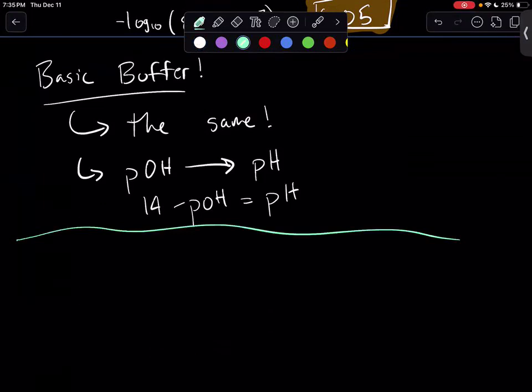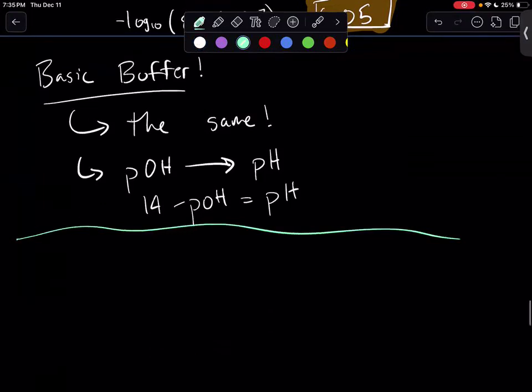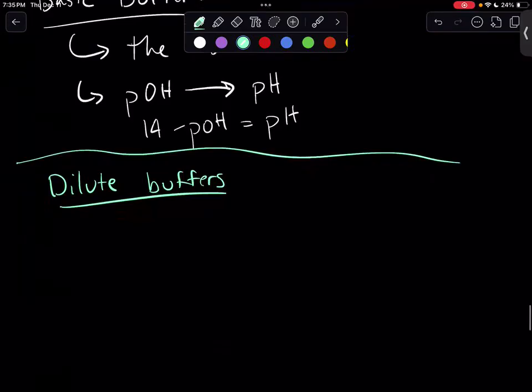All right, the last part of this incredibly long video is what happens if we dilute buffers. Well, there's good news and bad news. The first thing is when you dilute a buffer, the ratio between the forms stays the same.